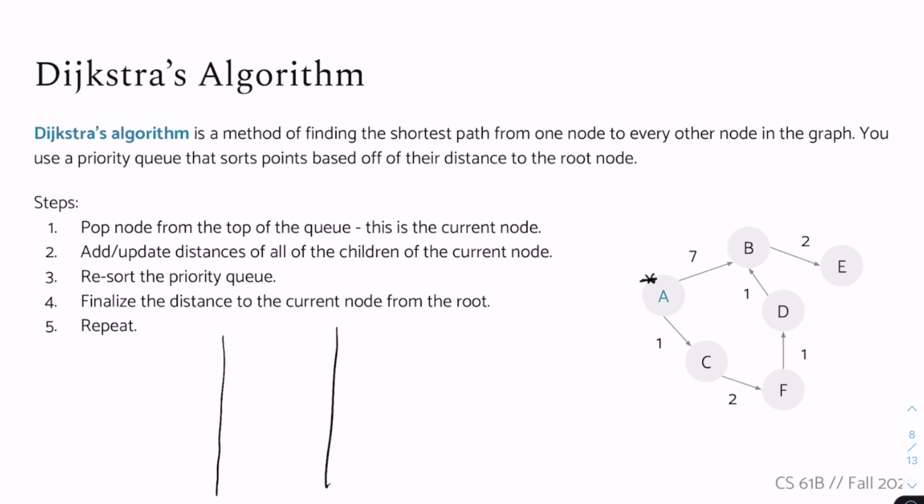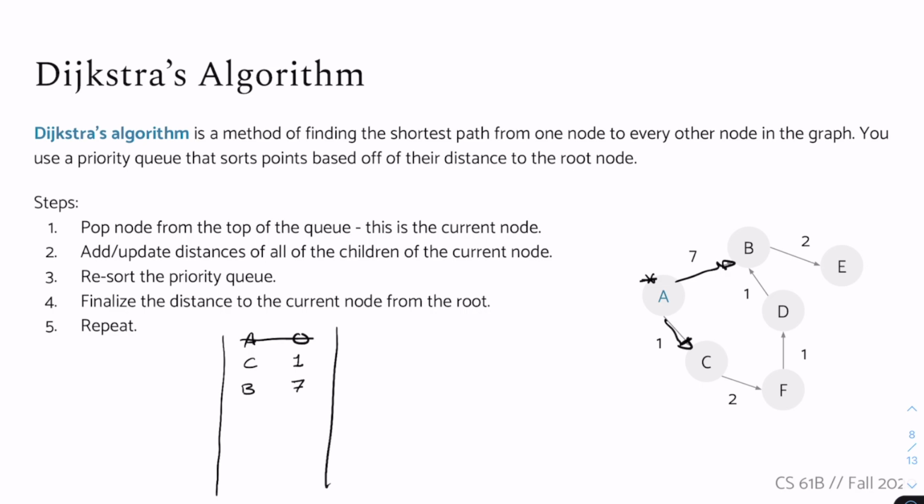We have A with distance 0 from A, so we're going to pop that first. Now we're going to add B with distance 7 and C with distance 1. Of course it's a priority queue, so we can sort by how far away. We're going to add C like that, and B like this.